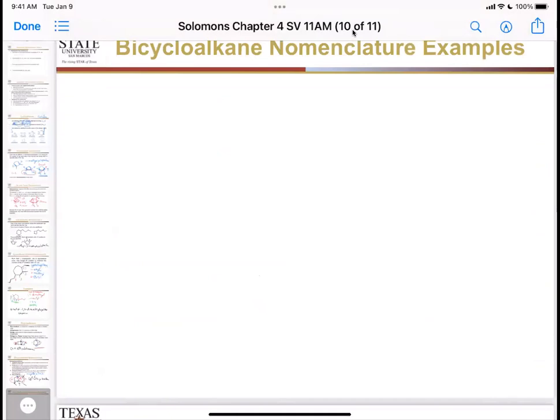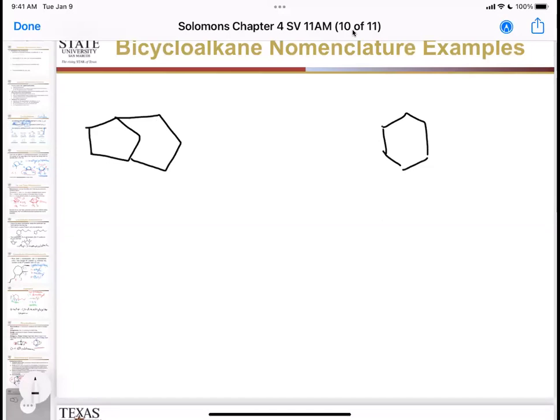So let me go through another couple weird ones, just to make sure we got all these things right. I want to do 2 kind of weird ones, because I also have to tell you about substituents. Okay, these are my 2 weird ones, and I want to do this as a substituent.